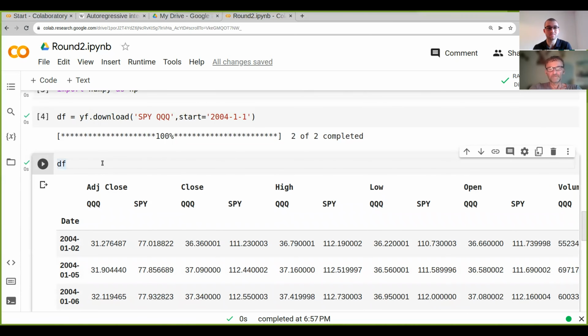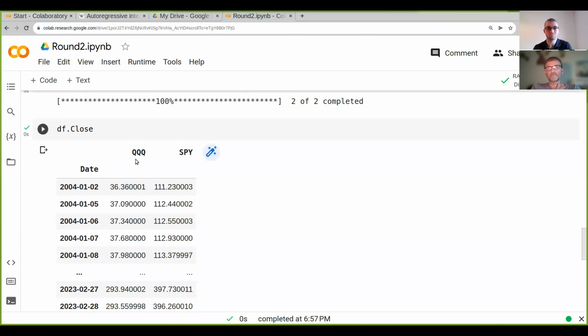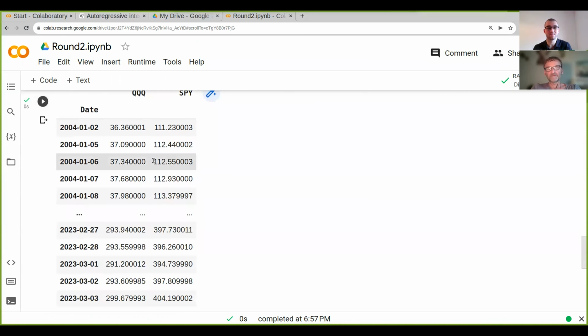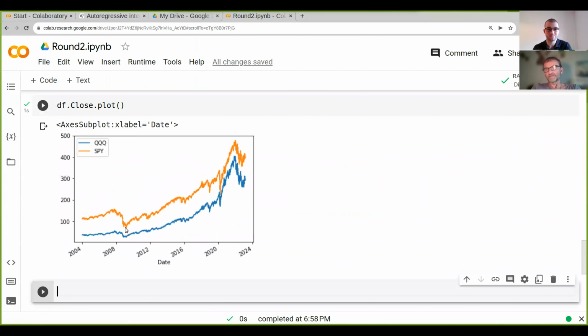So if we do df.close, we get a data frame of QQQ and SPY, right? Pretty cool. And you can see the prices for those two are really different. One of the problems is when you plot them, in this case, they're not that different, but in many cases, they are really quite different.